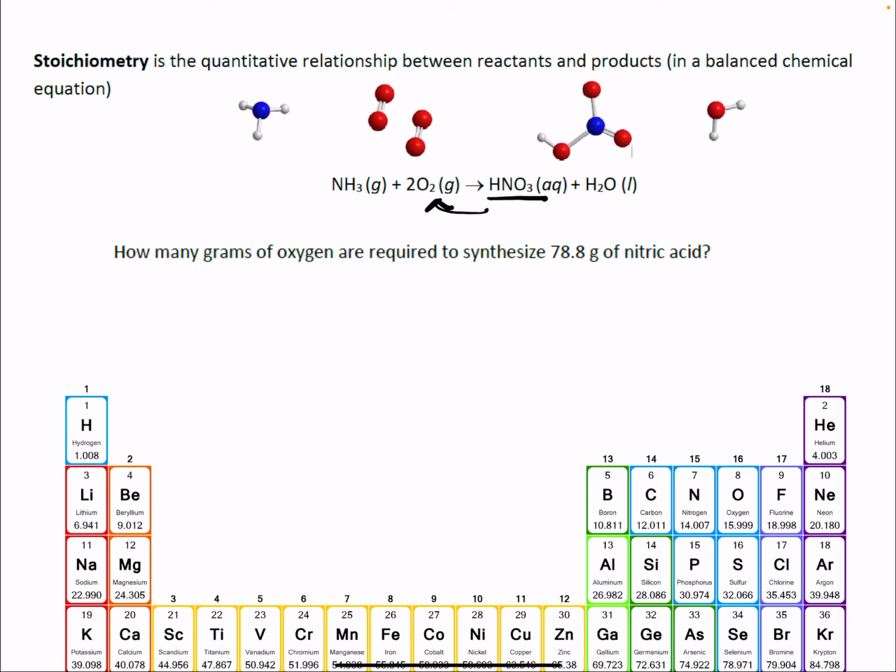Let me mash this in. 78.8 divided by 63.02 times 2 times 32 is 80 point, I'm getting 80.0 grams. How do you feel about that?